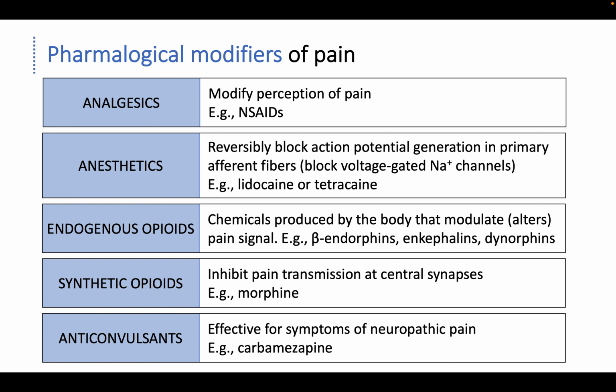And then there's things like anticonvulsants, good for neuropathic pain. We won't talk about that too much, but we talked about phantom limb pain in the previous part. And these anticonvulsants or anti-epileptic medications can be really good at treating that neuropathic pain, meaning coming from the actual neuron, that kind of sharp burning pain that's associated with certain types of pain.